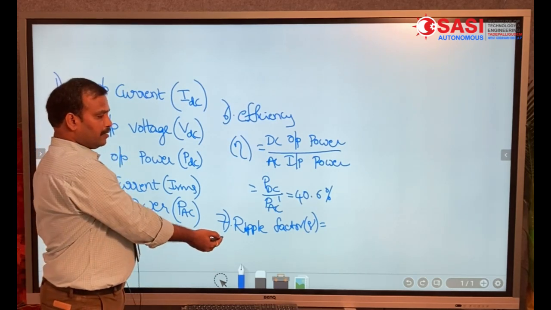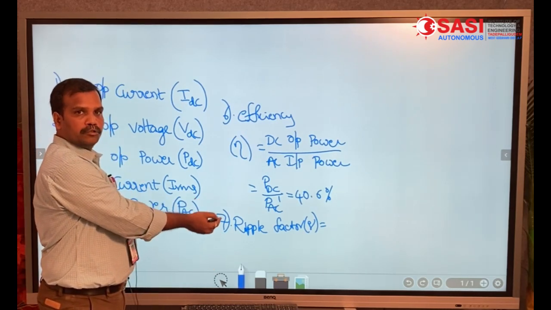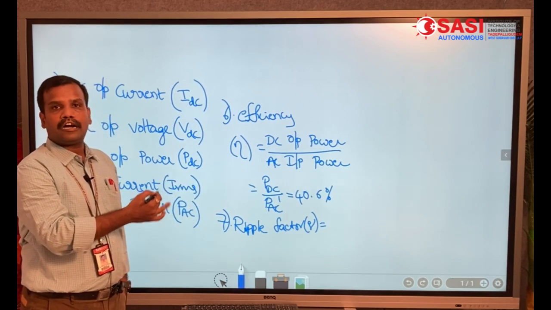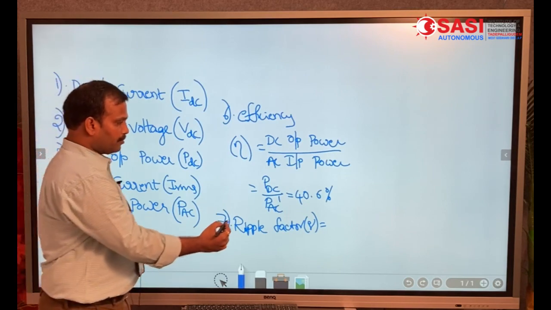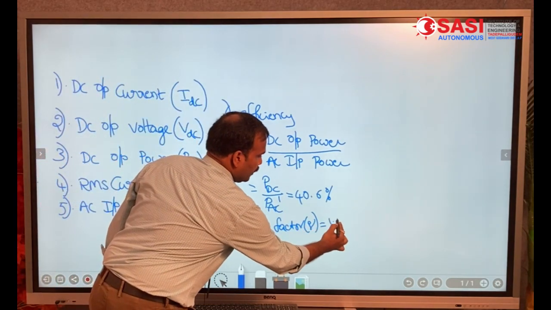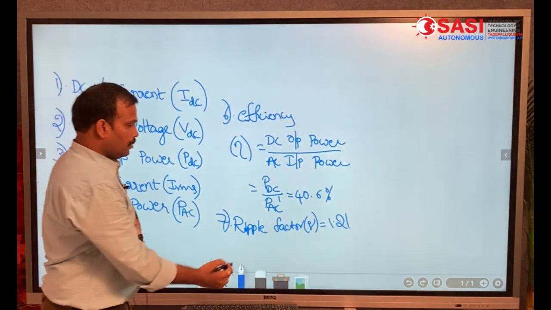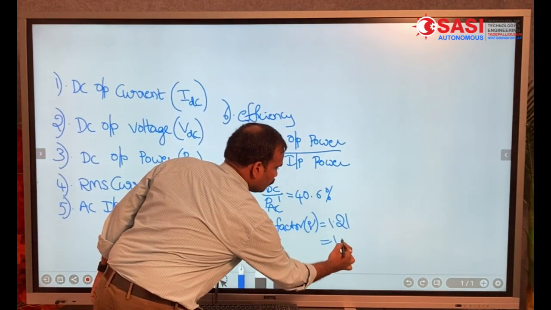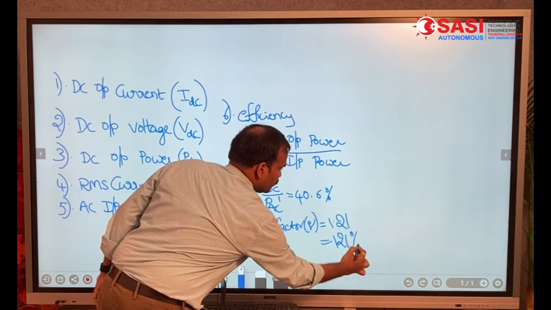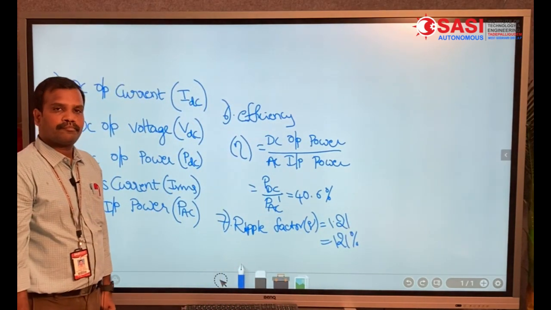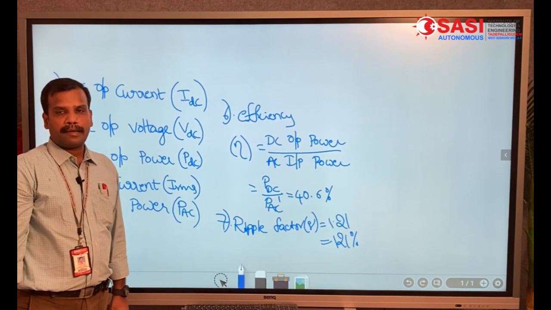This ripple factor is a parameter used to know how much AC is present in the output. Now the ripple factor is 1.21 for the half wave rectifier. In terms of percentage, 121%. More amount of AC is present in the DC. This is also one more drawback.